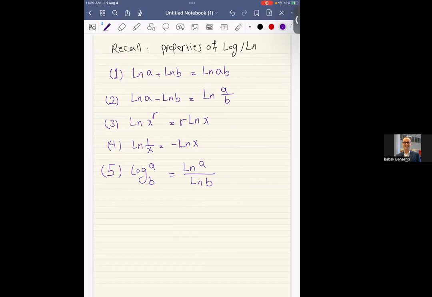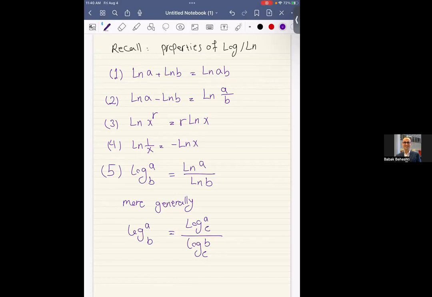Or more generally, log of a with base b is log of a with base c divided by log of b with base c.